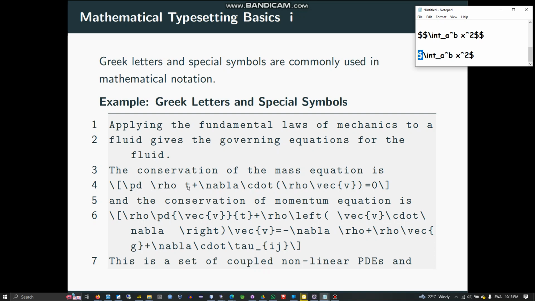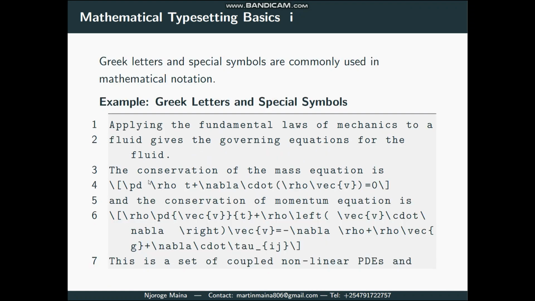It takes two arguments. The first one, rho, will be in the numerator, then t in the denominator. Don't worry, we'll talk about how to define new commands in LaTeX later. But it's good that you have a glimpse of that.